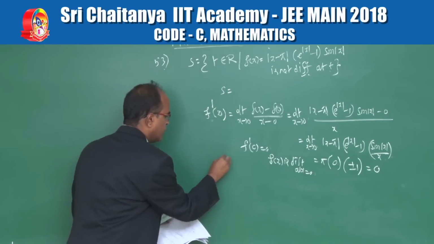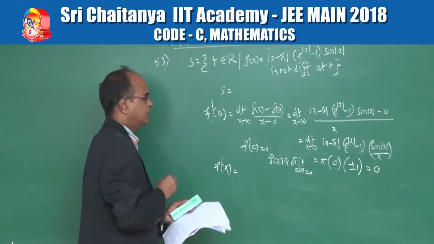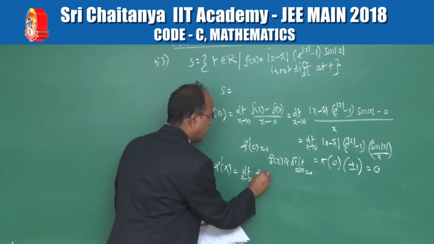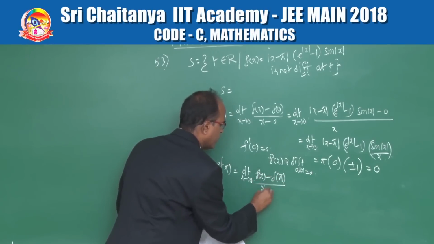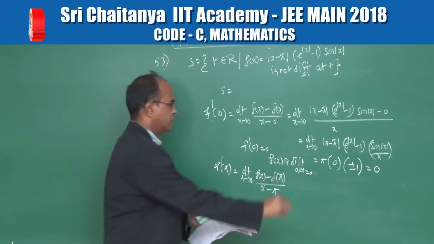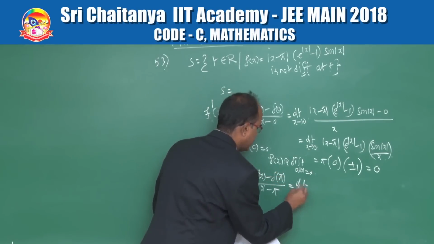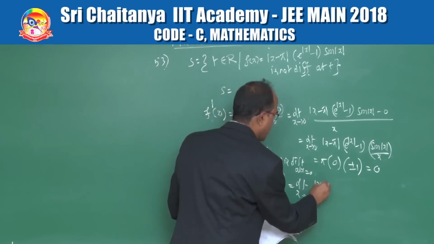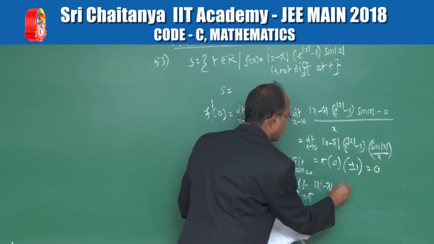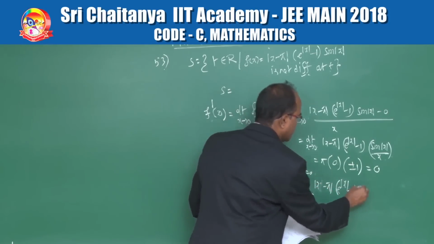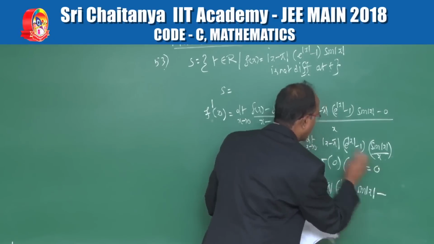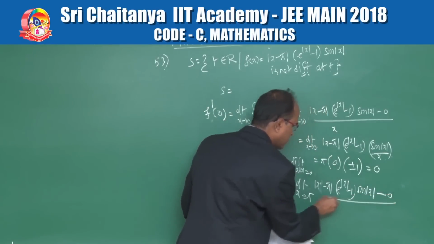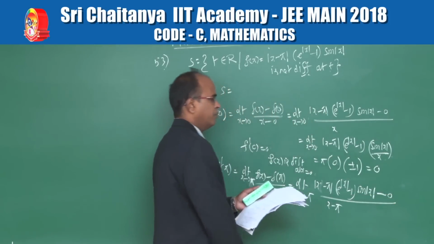In the same way, if you calculate f dash pi, by definition it is the limit as x tends to pi of (f of x minus f of pi) by (x minus pi). This will be the limit as x tends to pi, where f of x is again mod x minus pi into e power mod x minus 1 into sine of mod x, minus f of pi, which will again become 0 because of mod x minus pi, by x minus pi.